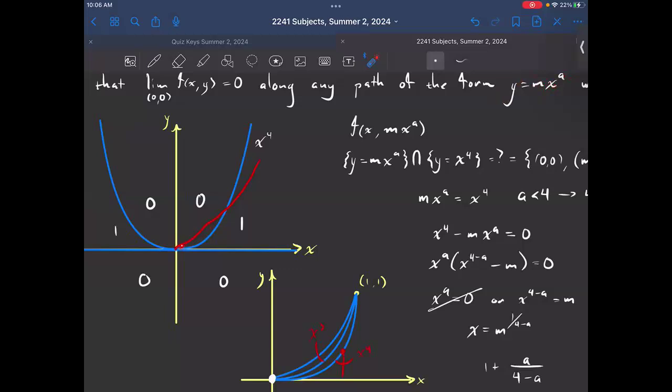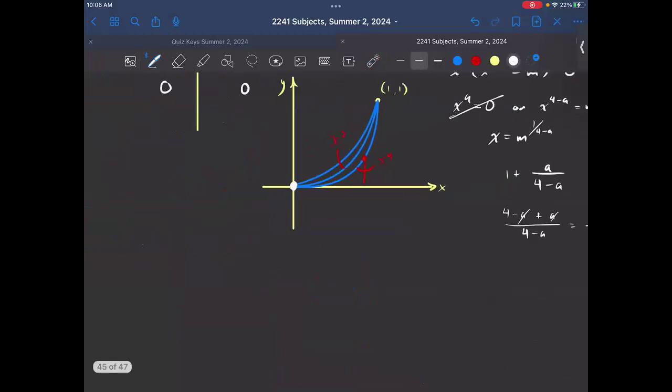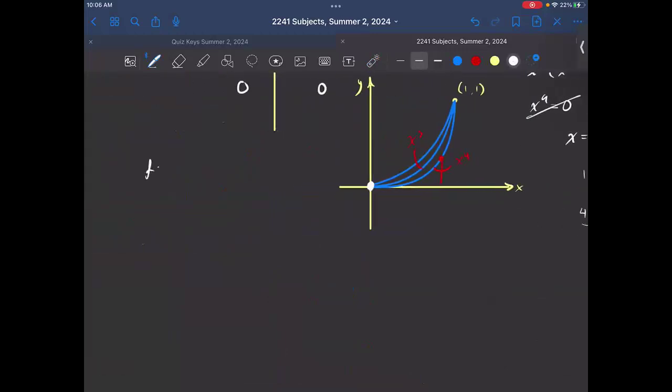But if I look at the limit as x goes to 0 of f of x, x to the 5th, let's try that, f of x, x to the 5th, well, x to the 4th is going to be greater than x to the 5th for x between 0 and 1.